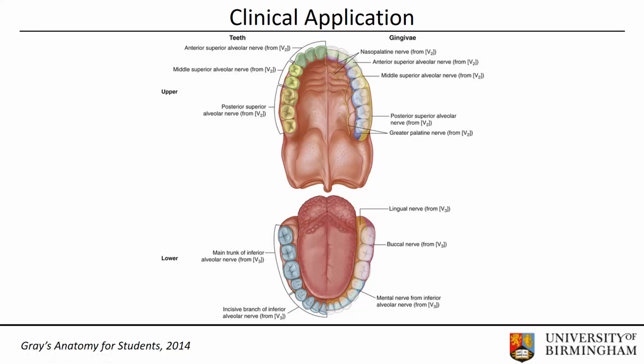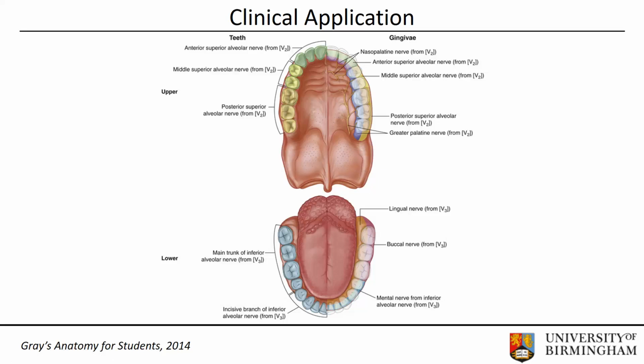Now, this image will summarize the sensory innervation of the oral cavity. On the left side, we have the innervation of the teeth, and these are the nerves we will look to block when it's needed for a restoration only.